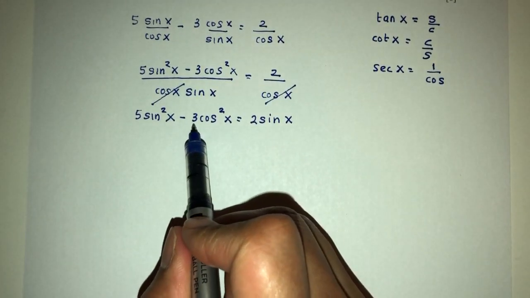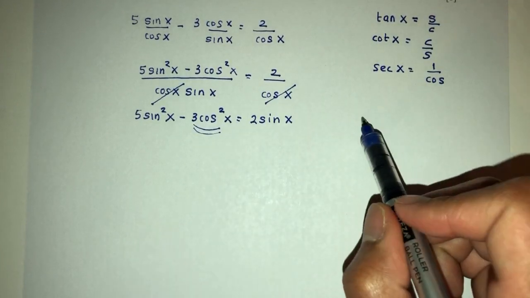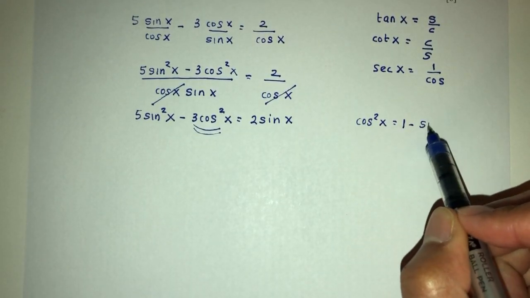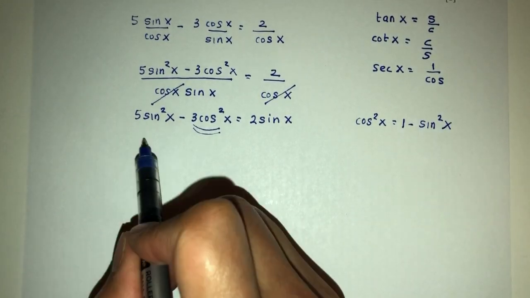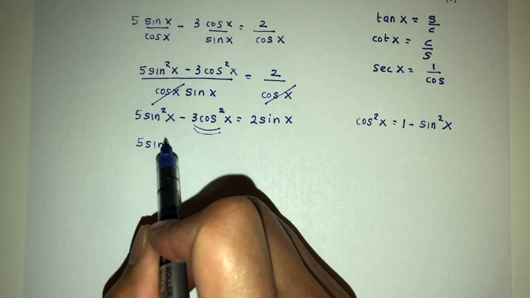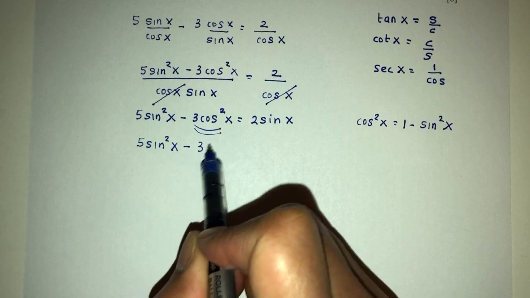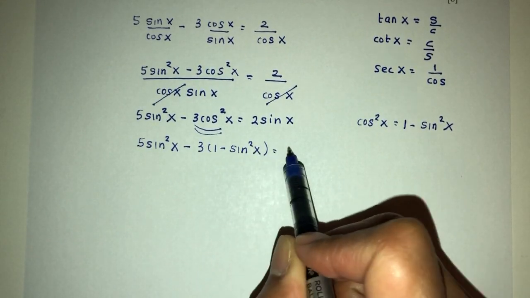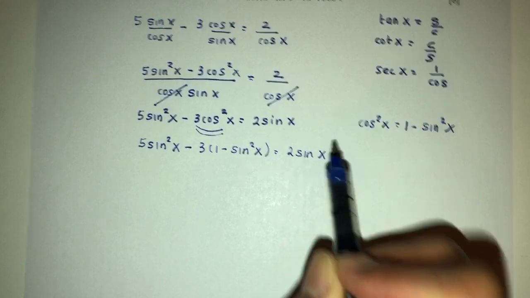Now we can change this to what? As we know, cos square x is 1 minus sin square x. You will have 5 sin square x minus 3 times 1 minus sin square x equal to 2 sin x.